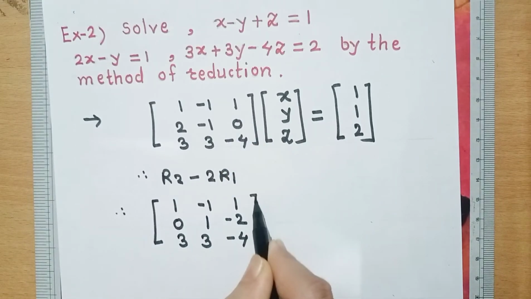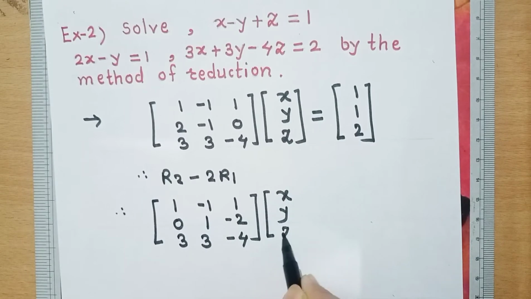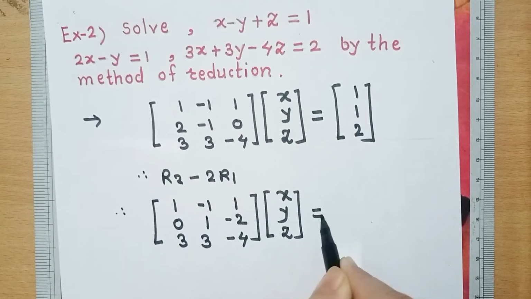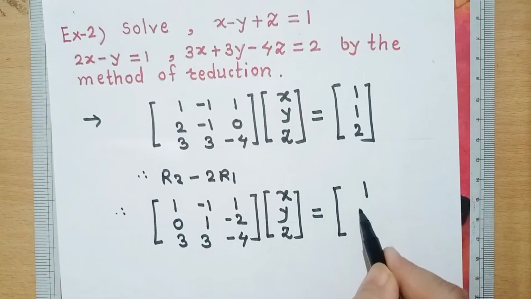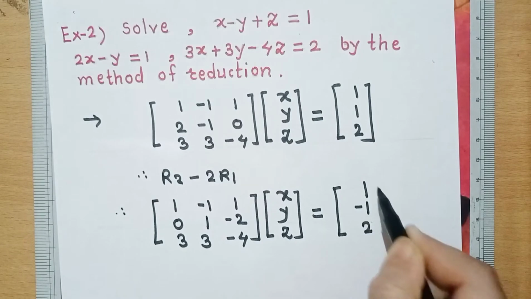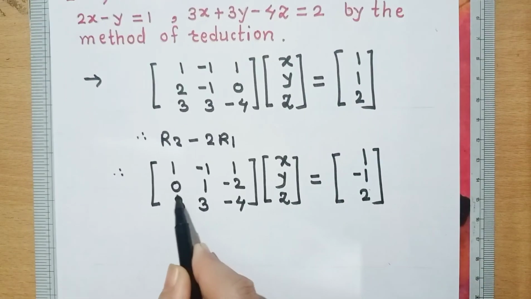and here as it is x y z, and here this is 1, then 1 minus 2 is minus 1, and this 2 as it is. Next we will make this element 0.